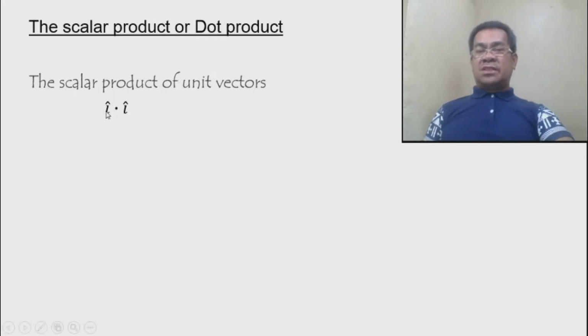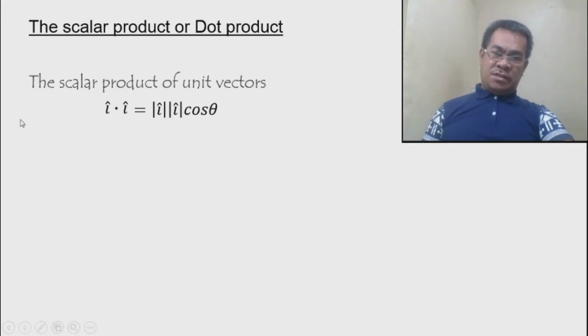Unit vector is a vector, and this is another vector, but they are equal. So it should be the magnitude of i and the magnitude of this one, then take the cosine. What is the magnitude of i? 1. Remember, a unit vector has a magnitude of 1. Don't forget that. And this is also 1.